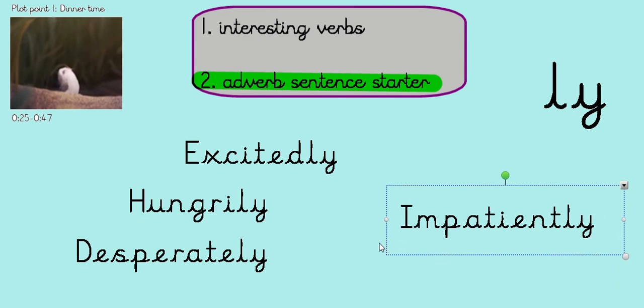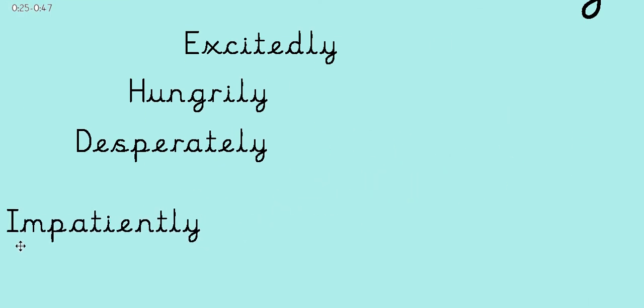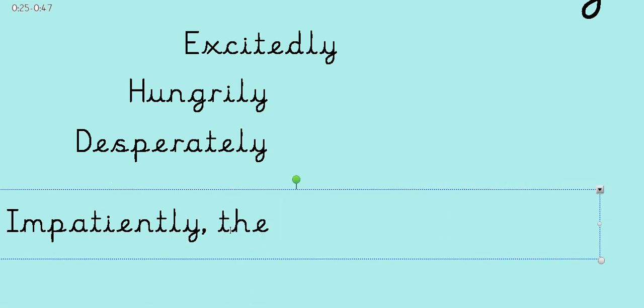But you could use any of these, any of my ideas, or some of your own. So I'm going to drag that one across. Impatiently, comma. I use a comma after my adverb because it's a sentence starter. Impatiently, comma, the little bird, or we could have the hungry little bird.